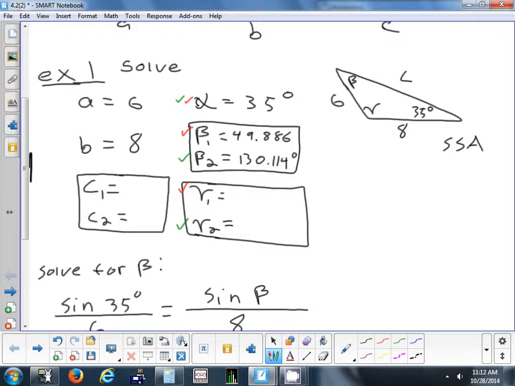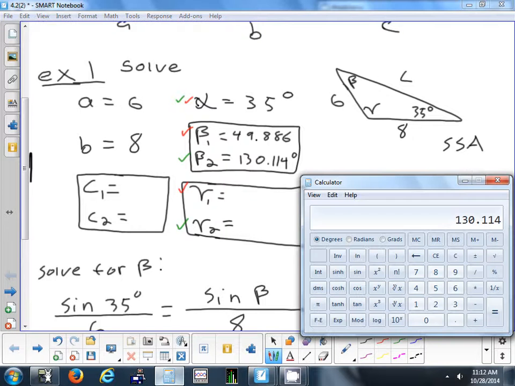Ben, how would we get gamma 1? You would just take sine of alpha. Well, keep in mind, to find gamma 1 and gamma 2, we already know 2 out of 3 of the angles in each triangle.